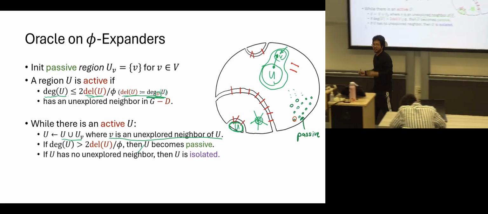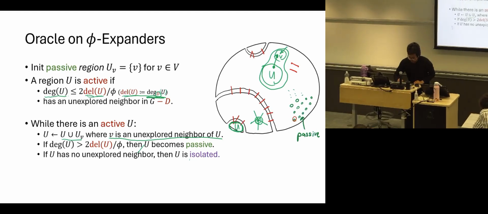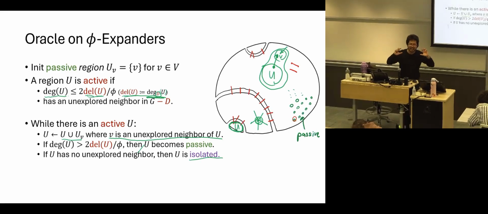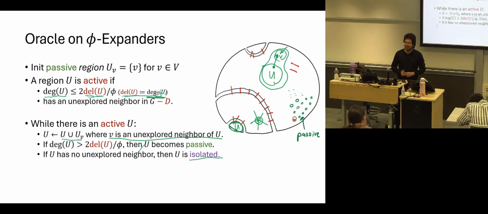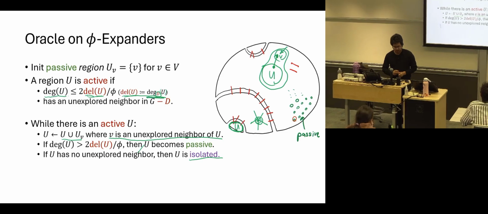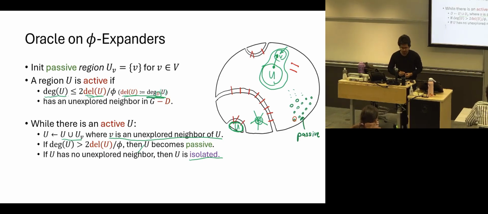It's now isolated. We are done with it. We identified the component. When you say degree, do you mean degree in G or G minus D? Degree in G. Yeah, good point. Degree in G.